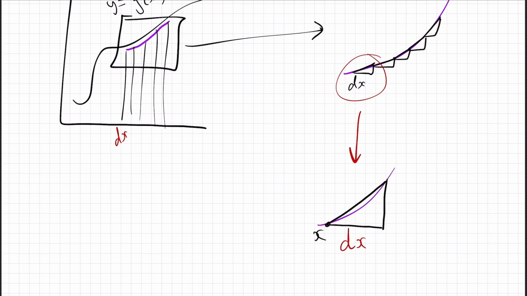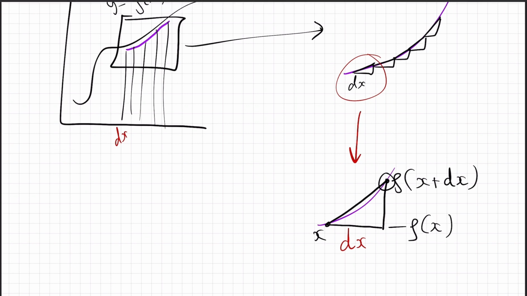Now this point over here, we know at this point the y coordinate is just going to be f of x, right? So at this point, the y coordinate is actually going to be f of x plus dx, because we're going to be at this point now. So the y coordinate has increased.